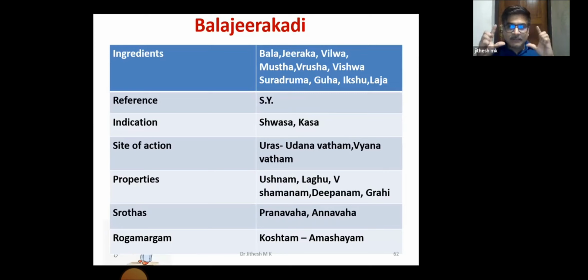See, the verse: deepanam pachanam yattat ushnatva dravashoshakam grahi, tatchetha shundi, deepanam gajavipali jeerakam. So if a dravya has properties like deepana as well as pachana, and by its ushna nature reduces the excessive jaliya bhava from the body, maybe extracellular fluid or whatever it may be, it can be termed as grahi.